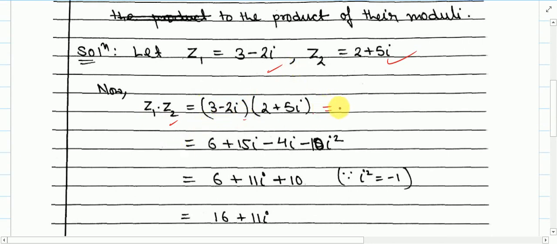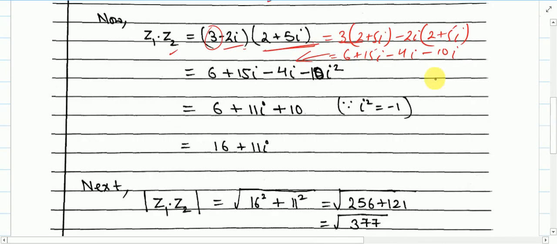Now 3 is here, so write 3 and then copy this whole thing. Then minus 2i, and copy this whole thing, and then simplify. So 3 2s are 6, and here 15i, here minus 4i, and here minus 10i times i square. So this is your second step.